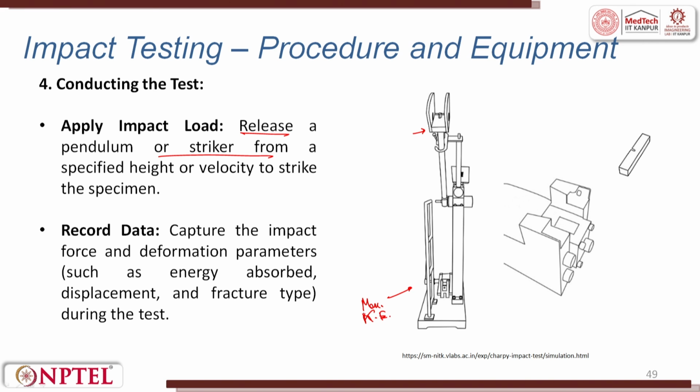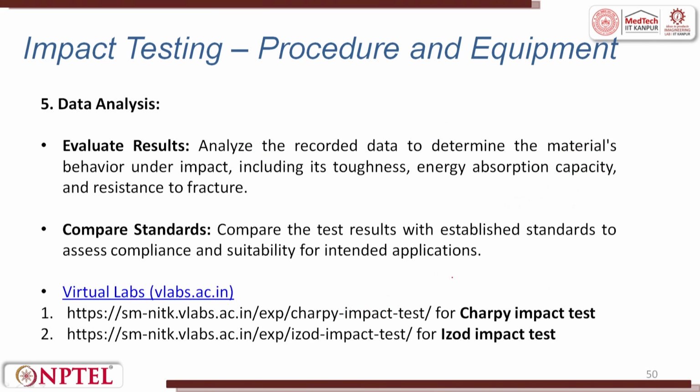When we record the data, capture the impact force and deformation parameters such as energy absorbed, displacement, and fracture type during the test. The specimen is held in the specimen holder vise here, and then we conduct the test.